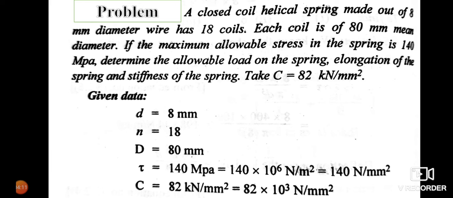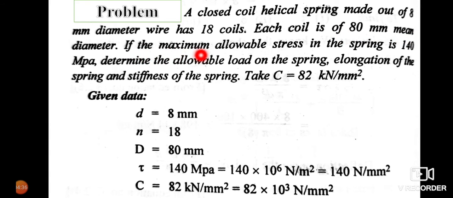Next problem. A closed coil helical spring made out of 8 mm diameter wire has 18 coils. Each coil is of 80 mm mean diameter.